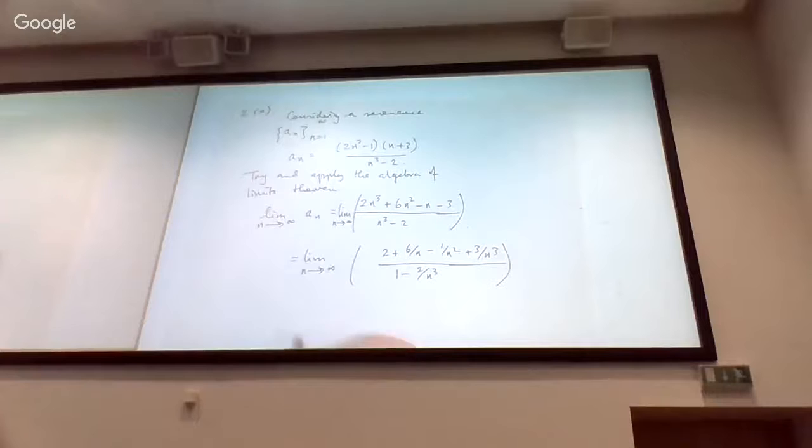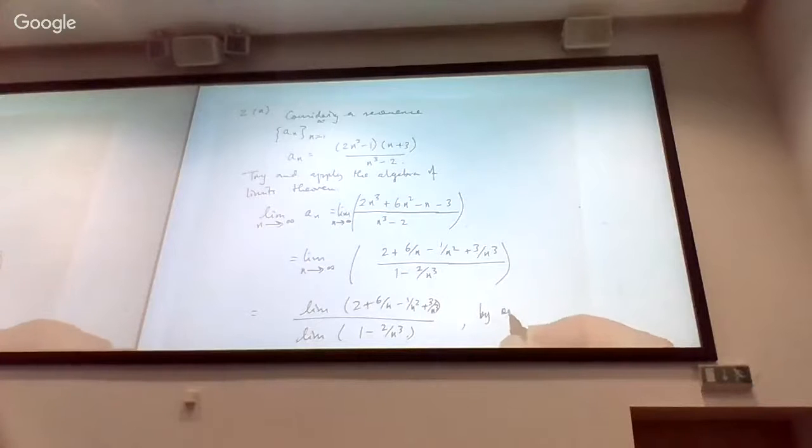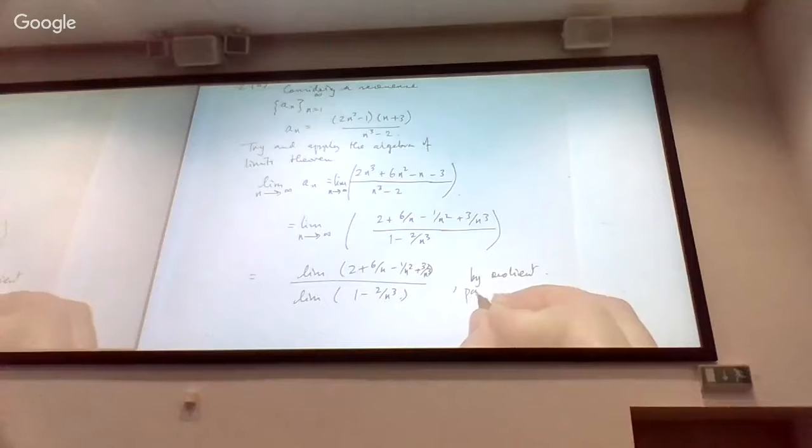So we can now apply the algebra of limits here. This is the limit at the top divided by the limit at the bottom, by the quotient part of the algebra of limits.